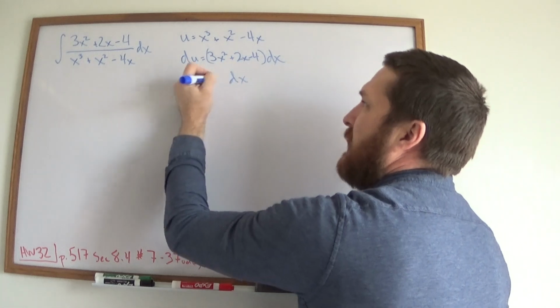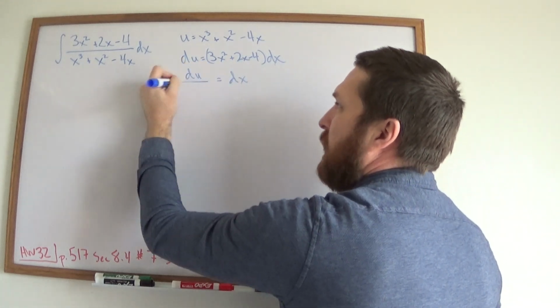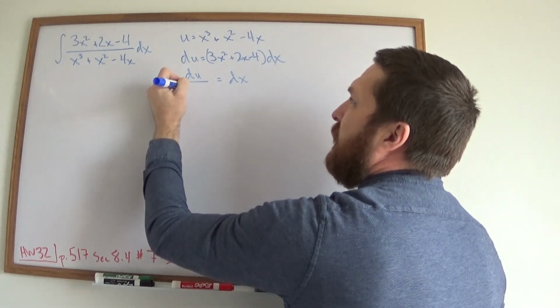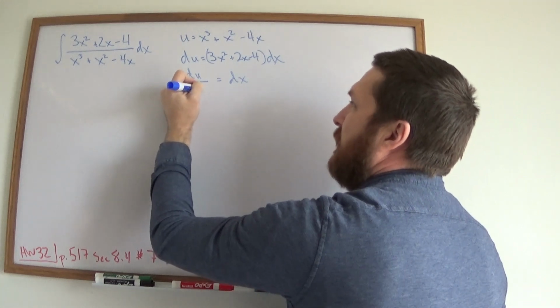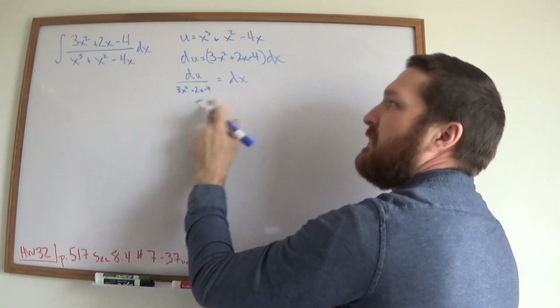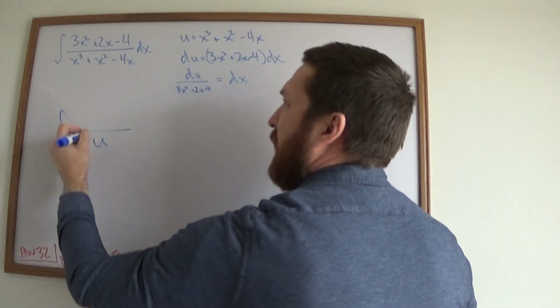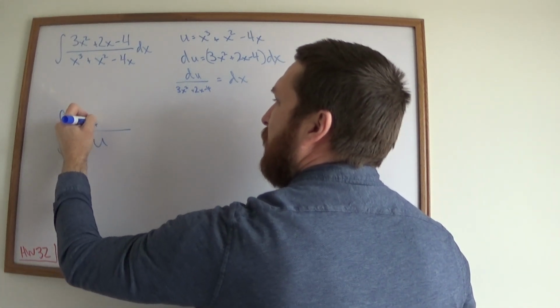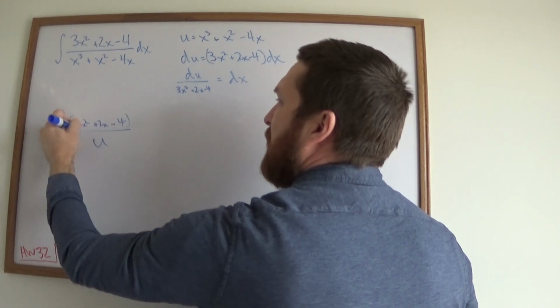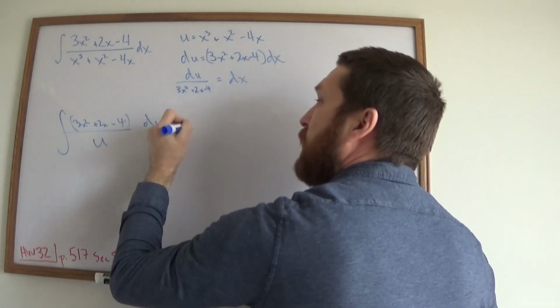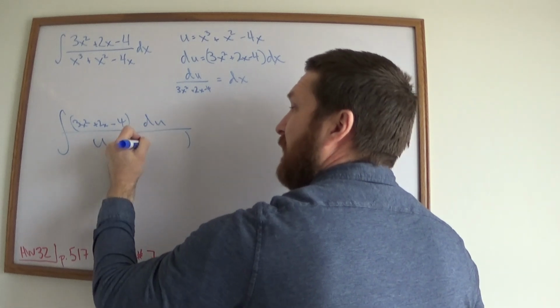So that dx is equal to du over, again, the numerator is the derivative of the denominator. So when you do your substitution, you get your u in the bottom, the 3x squared plus 2x minus 4 on top. The dx is now du over that very thing.